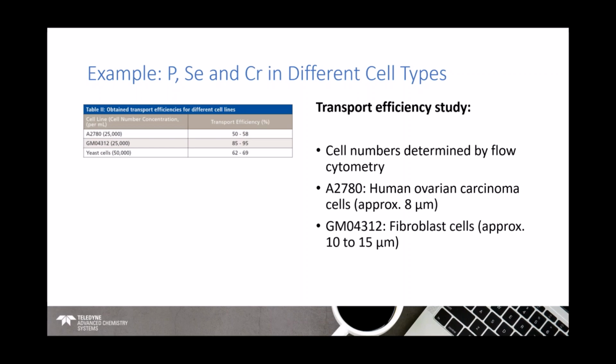So what the authors of this article have done is that they looked at some transport efficiency between the cells that they were interested in, and that they've first of all confirmed population sizes by flow cytometry, and then they've looked at different cells and the transport efficiency that they get through the same system at the best conditions.